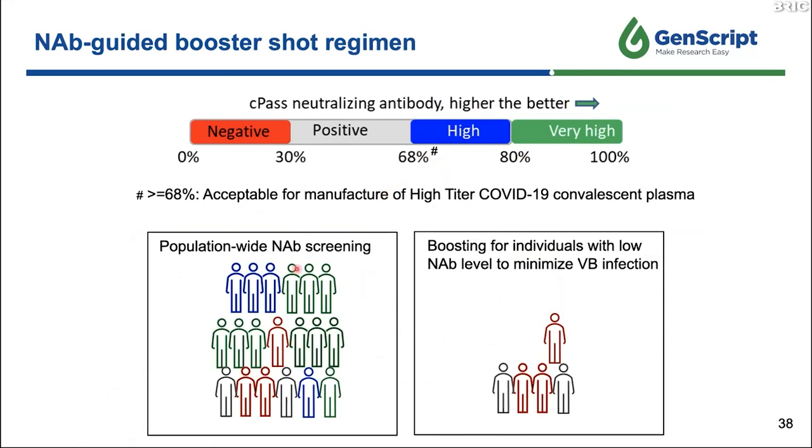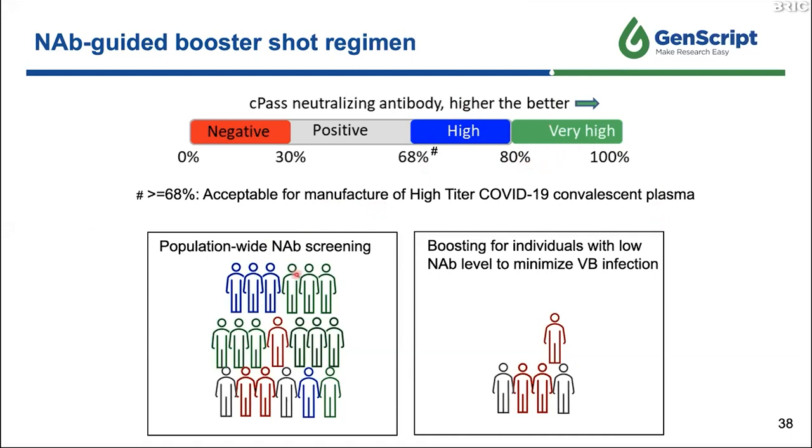For those who have a cPass value above 68%, it is considered high titer, which is acceptable for manufacture of high titer convalescent plasma. And those who have a cPass value above 80% is considered very high.